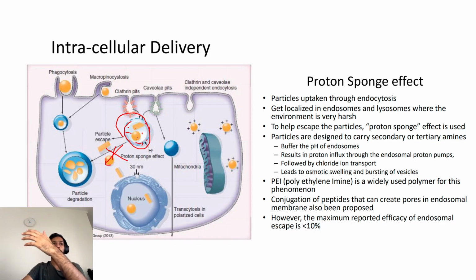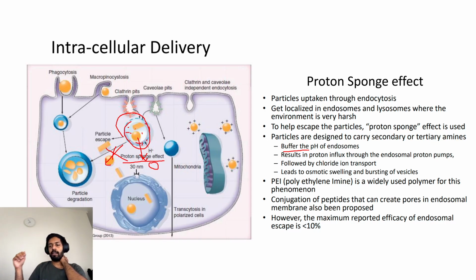So what you want to happen is your particle should come out of this endosome as soon as it enters the cell. So how do you do that? There is a phenomenon called proton sponge effect, wherein if you increase the secondary and tertiary amines of your particle, so basically give it a lot of charge, what ends up happening is the pH of the endosomes gets buffered, and it needs to go back down, acidic.